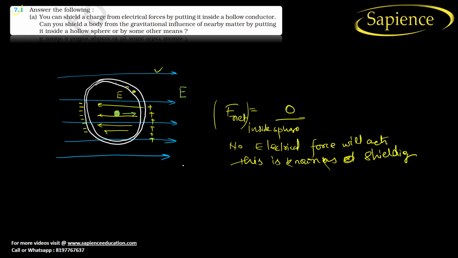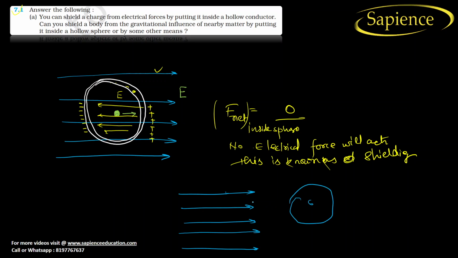Okay, but in the question they are asking, can you shield a body from gravitational influence? So let us consider the gravitational influence is like this, because there is a big mass.